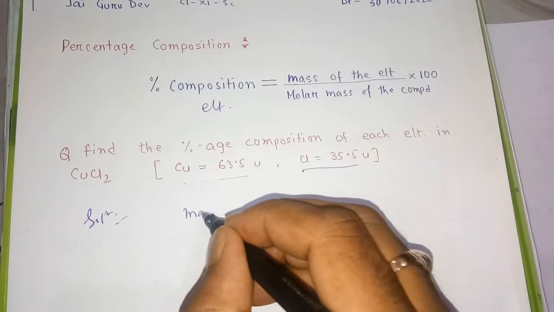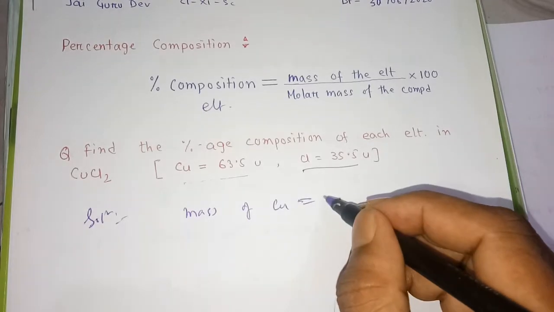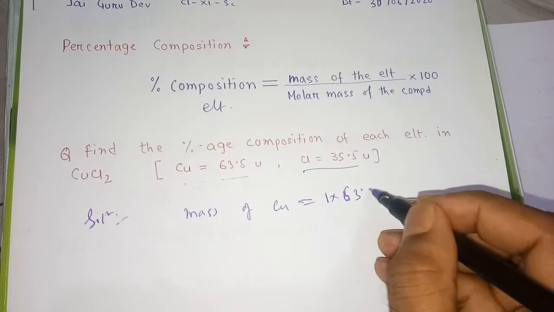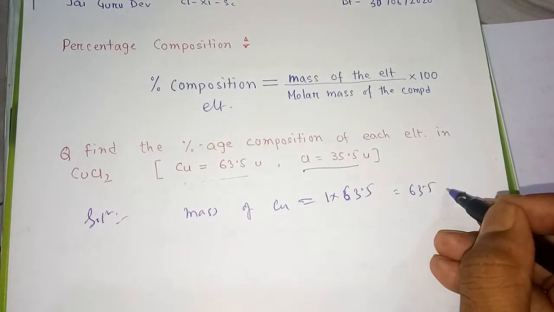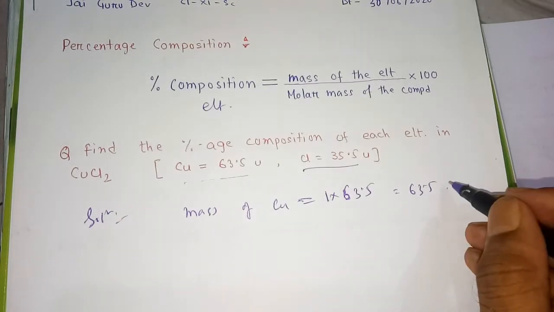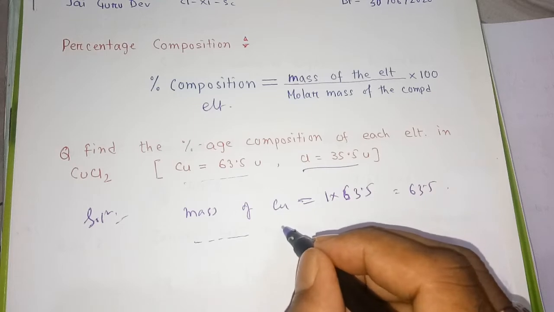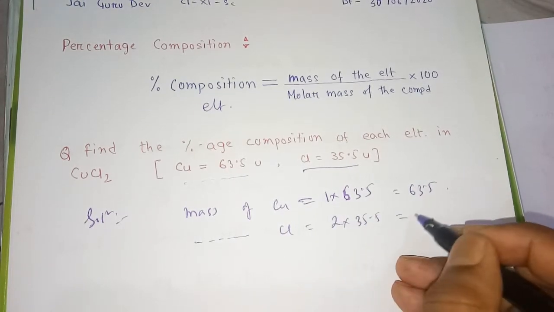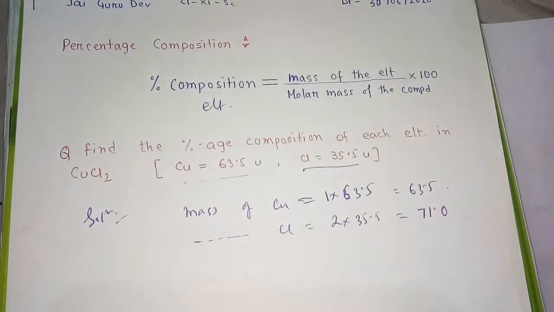First of all, we have to write the mass of copper is equal to 1 into 63.5, which is 63.5. Then the mass of chlorine is 2 into 35.5, which is 71.0.